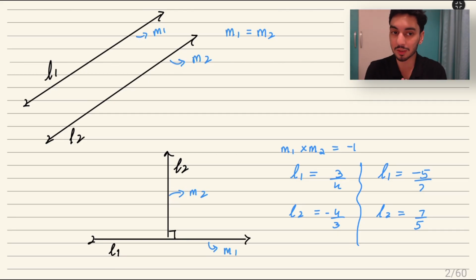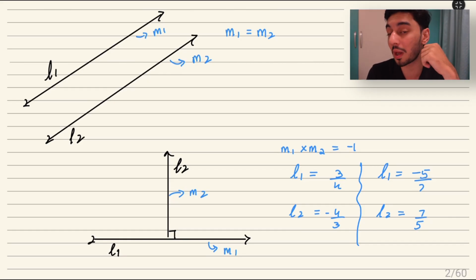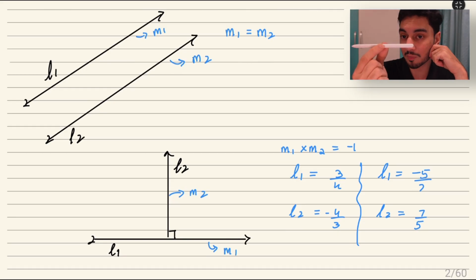Okay. So this is what the entire concept of slopes is. Now slopes could be positive, slopes could be negative, slope could be 0 if something is parallel to the x-axis, or the slopes could be infinite. Yes, exactly. Slopes could be infinite. If the thing is parallel to the x-axis, the slope is 0. But if the thing is parallel to the y-axis, the slope would be infinite. Why is it infinite?